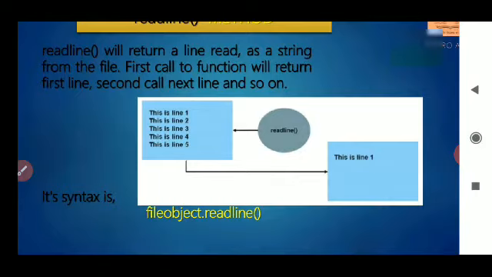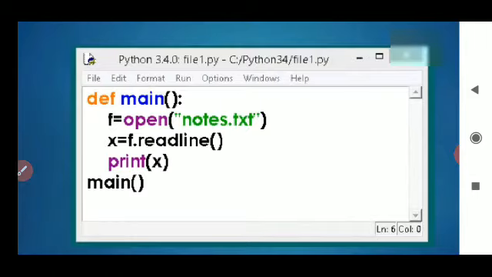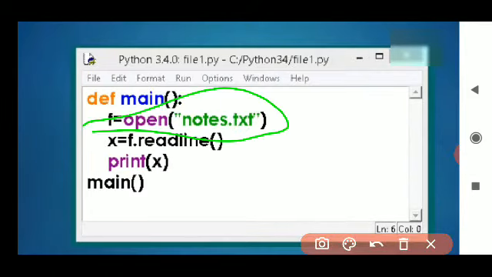Here is an example with a text file. f is a file object and open is a function, here used to open the notes.txt file.